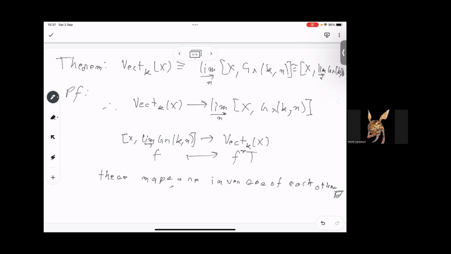And just a name for the direct limit of all Grassmannians Gr(k, n).